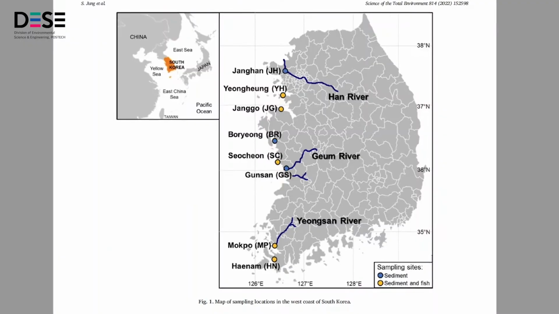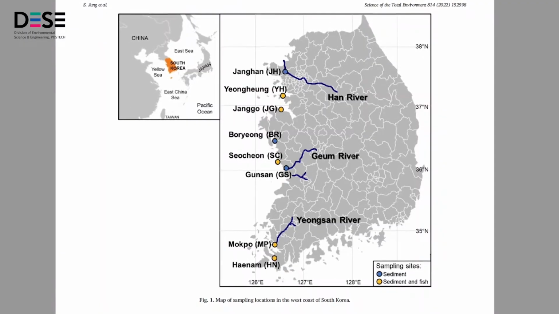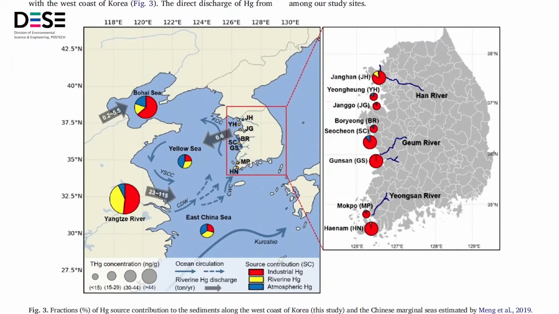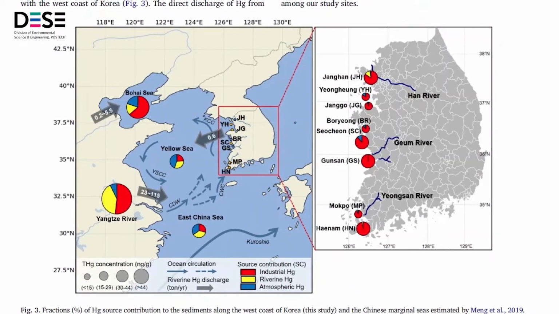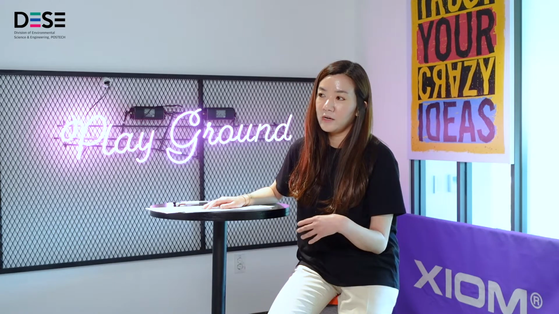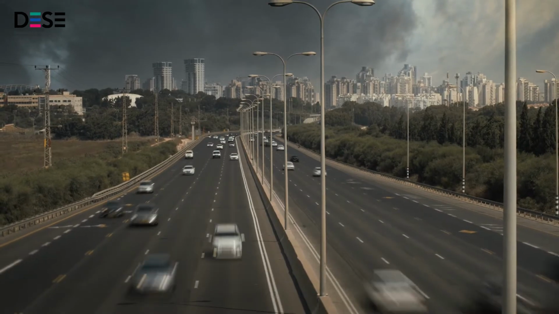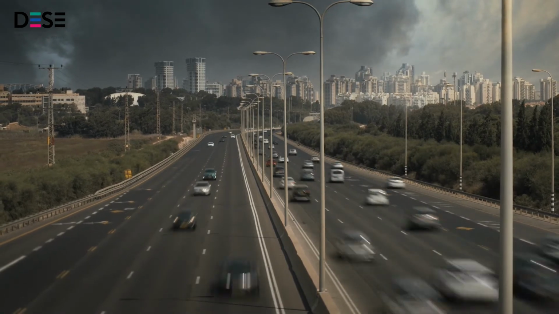In addition to that, from the perspective of South Korea, there are a lot of local emission releases that are introducing mercury into the coastal system. We also have a very, I would say, dangerous issue of a large amount of transboundary transport of mercury from the other surrounding Asian countries.